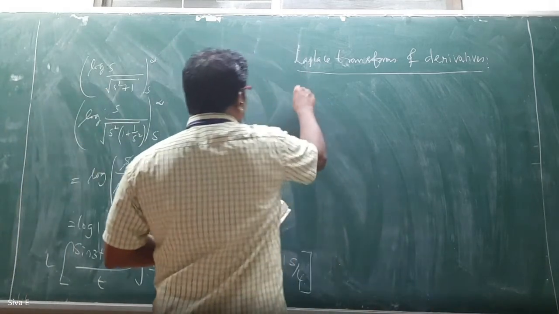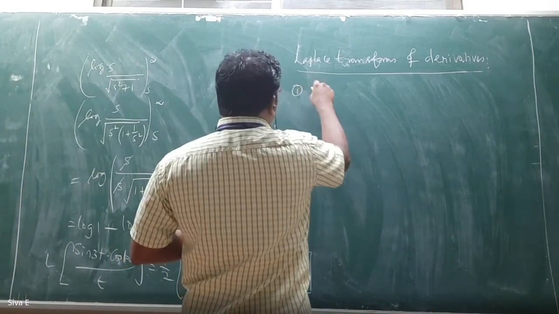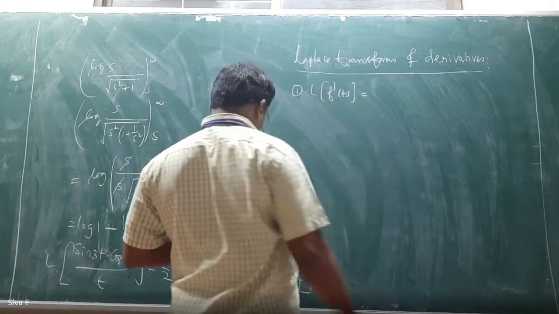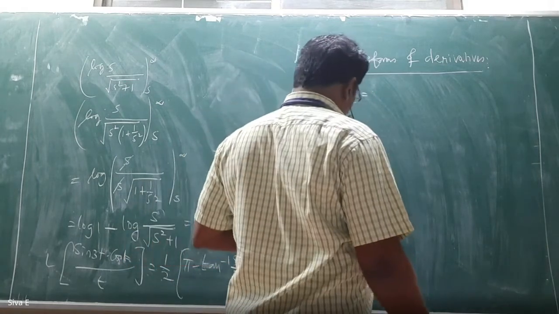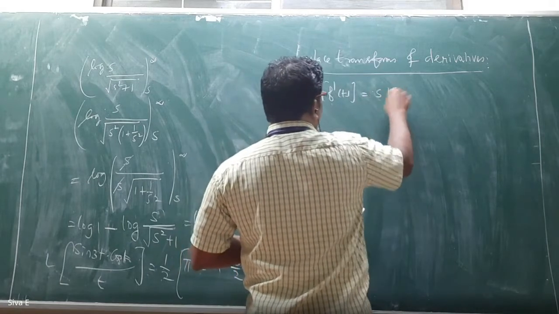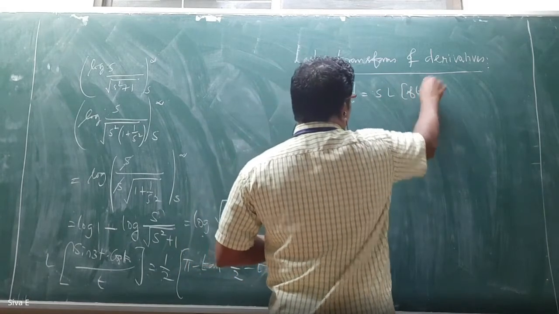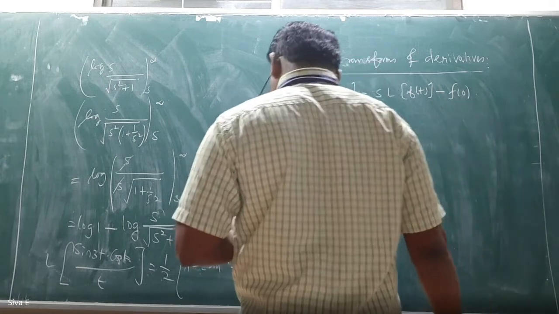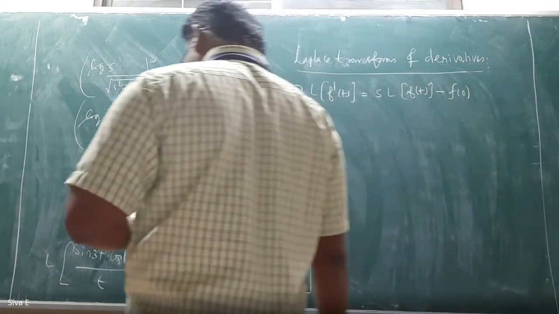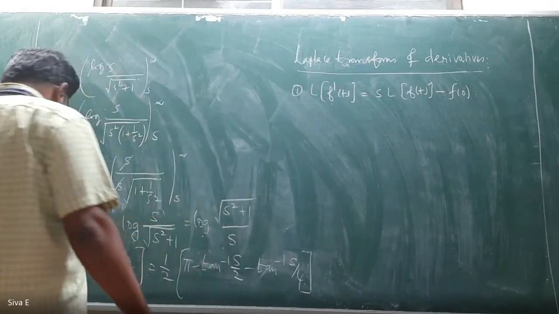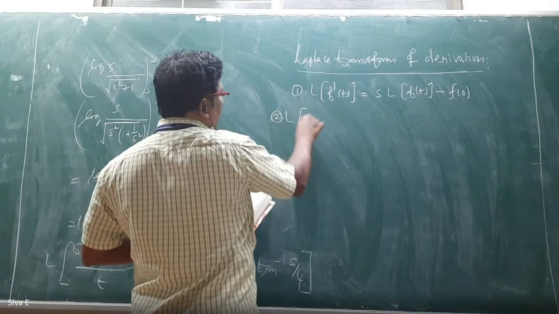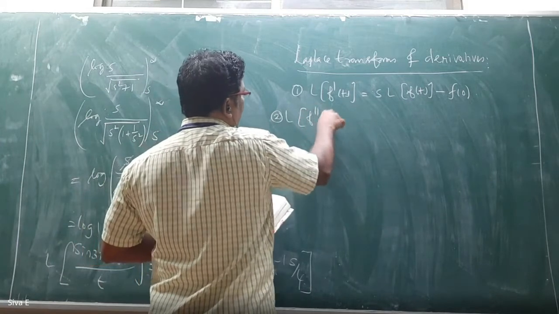First one, Laplace transform of f dash of t equal to s into L of f of t minus f of 0. Next, Laplace transform of f double dash of t.